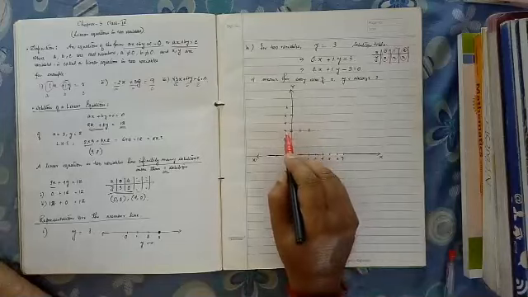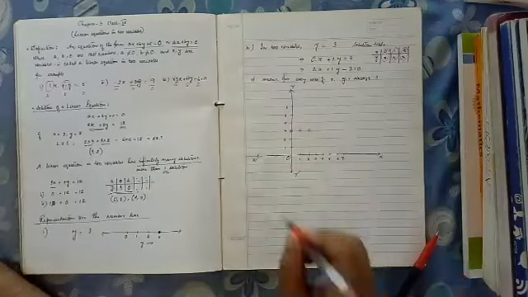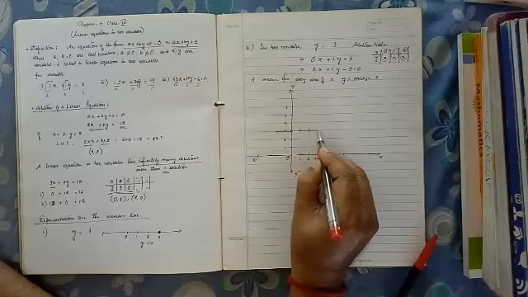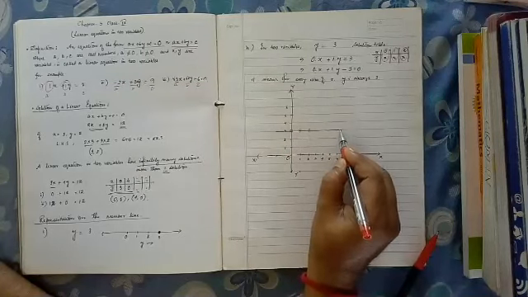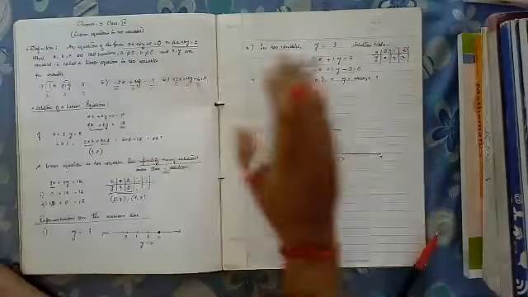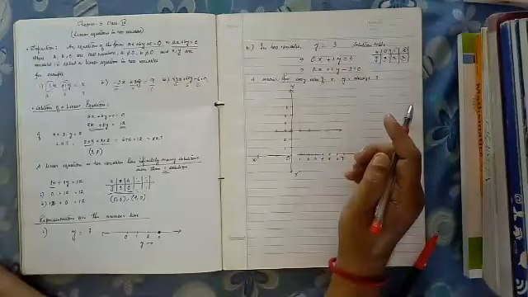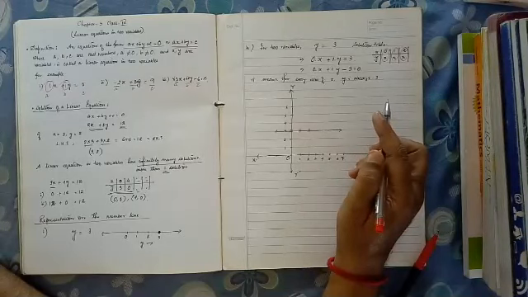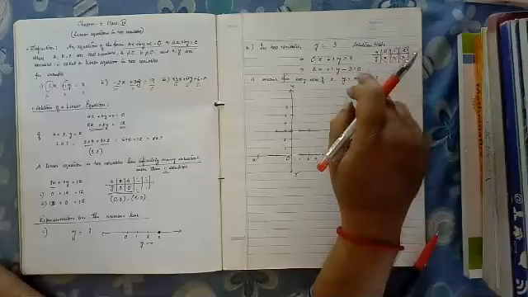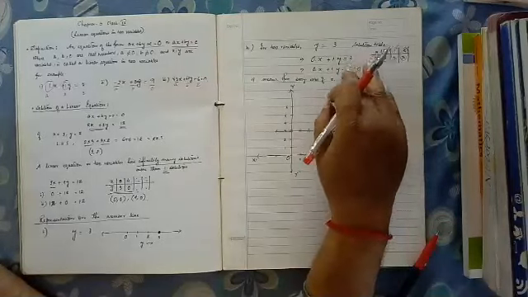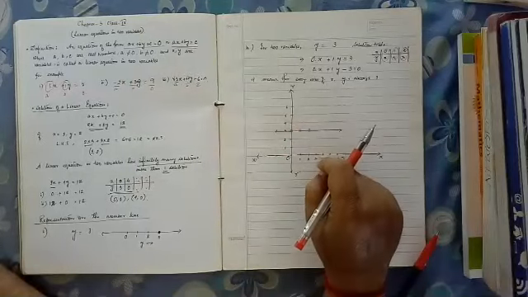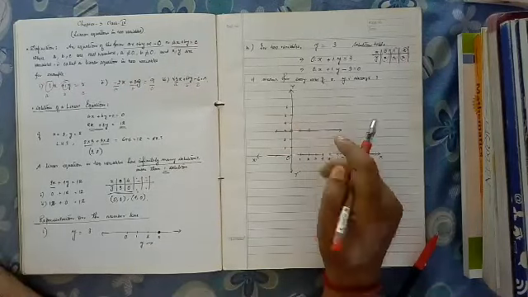If we are joining these points, we will get this line, which can be extended in both the directions. So what is the representation of this line? Y is equal to 3 is a line parallel to x-axis.